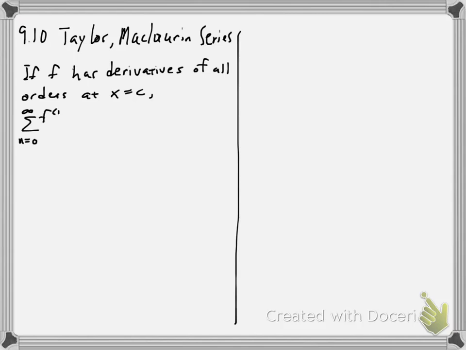We take the nth derivative evaluated at c divided by n factorial times x minus c raised to the n power.